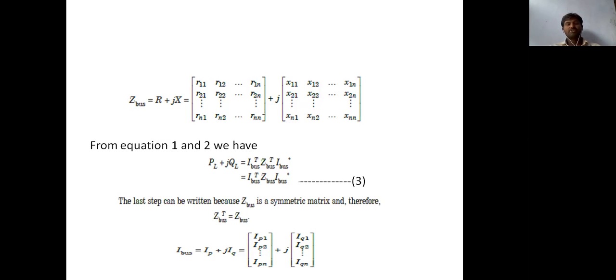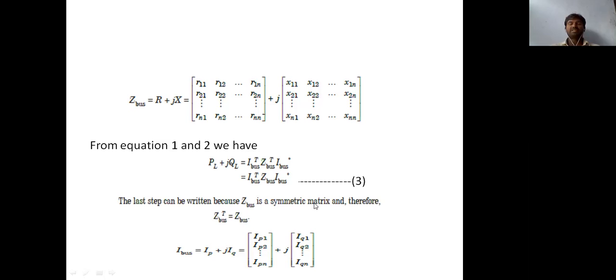So V transpose means I bus transpose Z bus transpose. This step can be written because Z bus is a symmetric matrix.